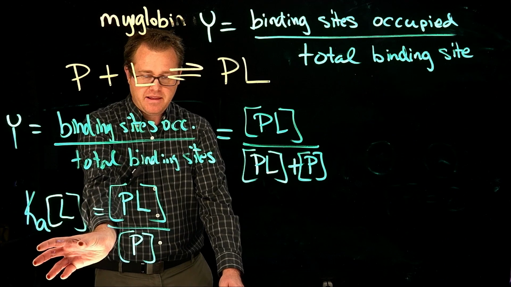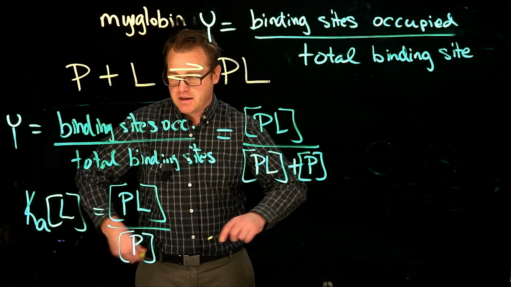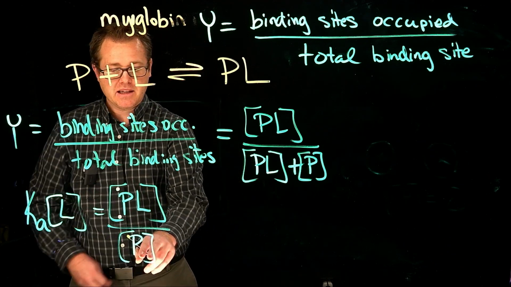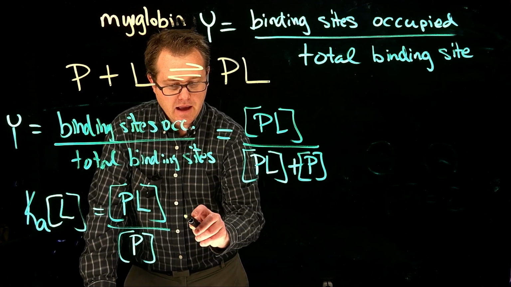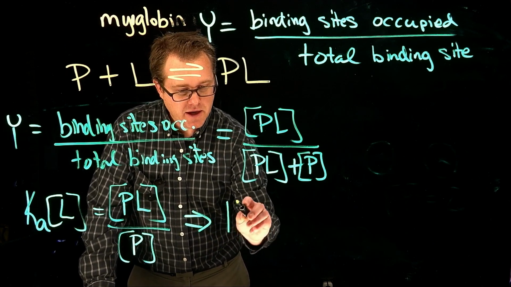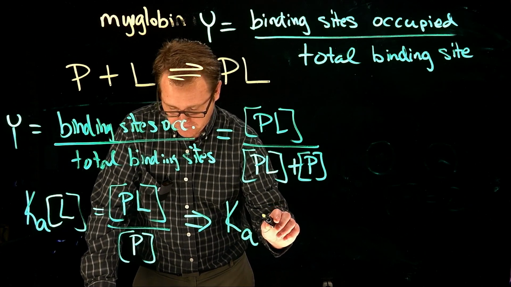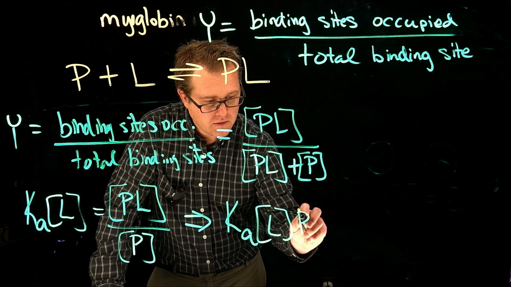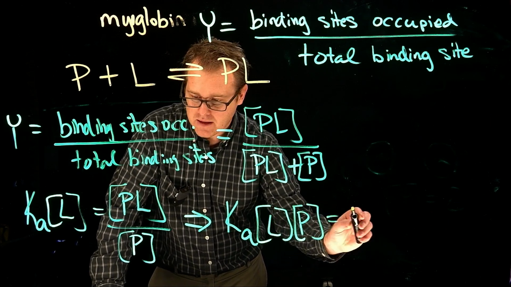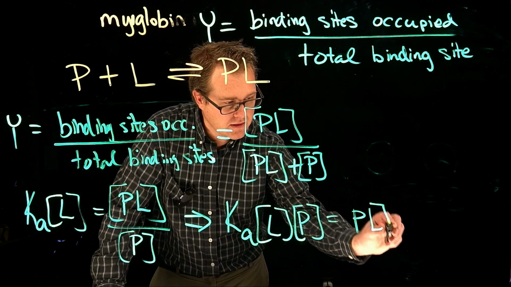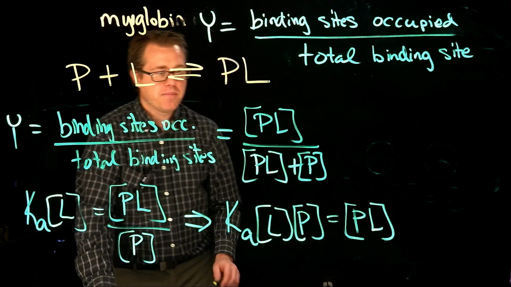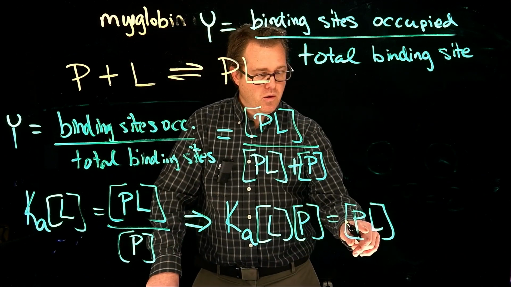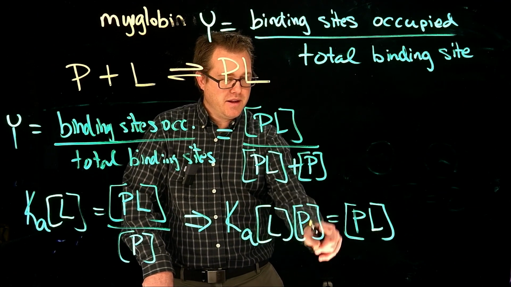So we've seen this version right here. Now I'm going to make another adjustment. I'm going to multiply both sides by P. And when I do that, we can make the equation now look like this. And that's going to equal this. Okay? Now, look at what we can do. PL equals all of this.